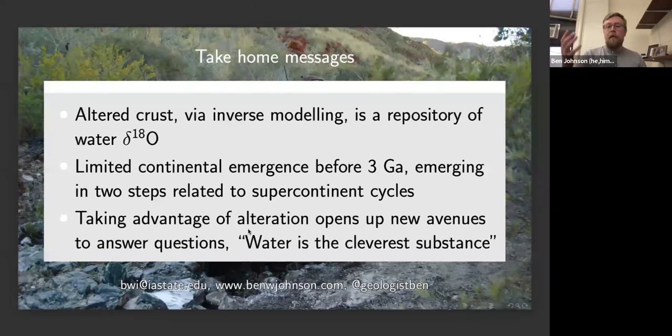And, more philosophically, taking advantage of alteration can really open up some new avenues to answer questions. And tying back to that quote I had at the beginning, water really is the cleverest substance. And so I'm very happy to take questions from everyone. And thanks for listening.